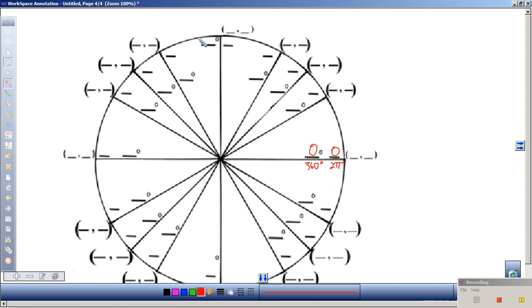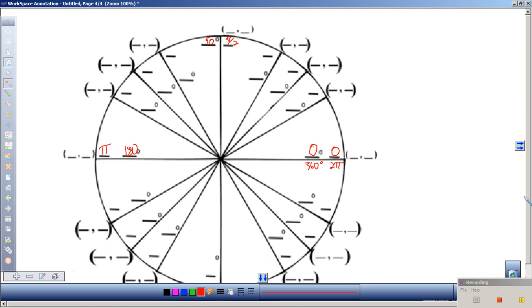Up here, what's the angle straight up? 90 degrees, or pi halves in radians. Over here, 180 degrees or pi.